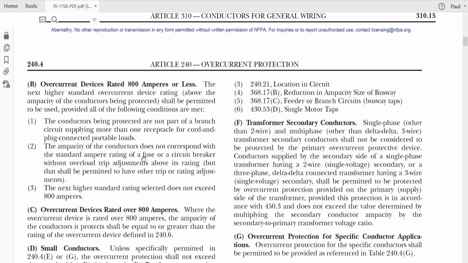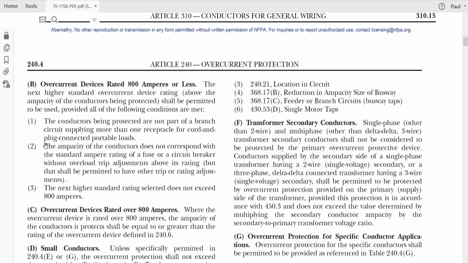So I can use the rule as long as I have a standard ampere rated circuit breaker or fuse without an overload trip adjustment that goes above its rating. If it's a 400 amp rating and the overload trip adjustment goes above that, or it's an 800 amp and the adjustment goes above that, then I cannot utilize this. Other adjustments can, but the overload trip adjustment cannot.